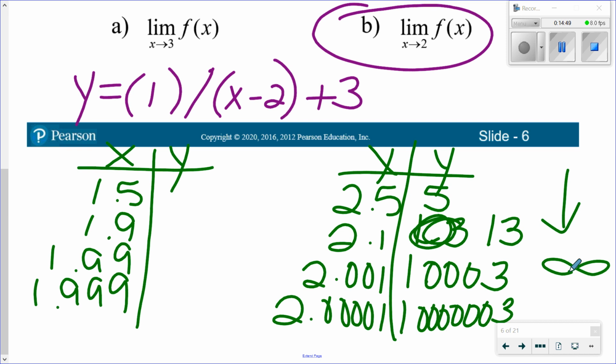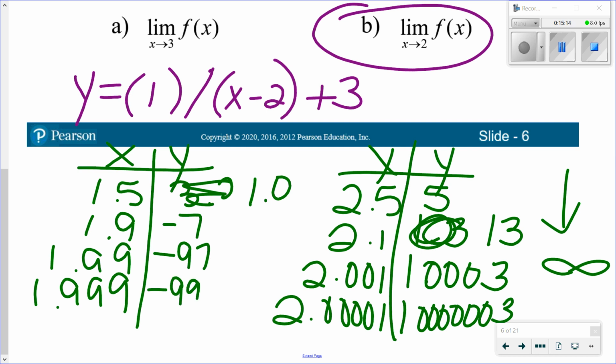So we have 1.5. 1.5 gave me 1. 1.9 gave me -7. 1.99 gave me negative 97. 1.999 gave me negative 997.